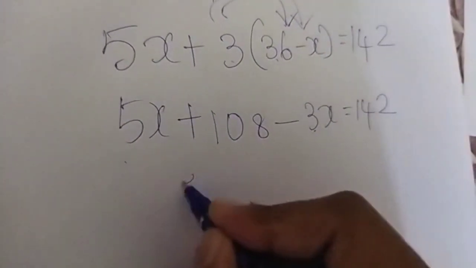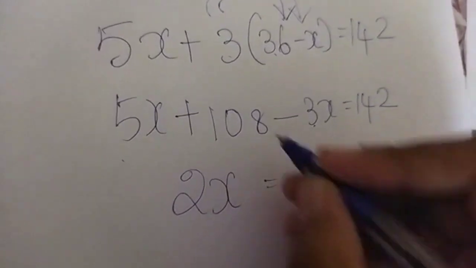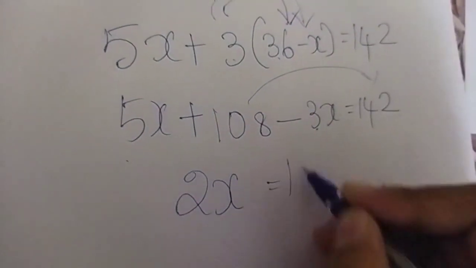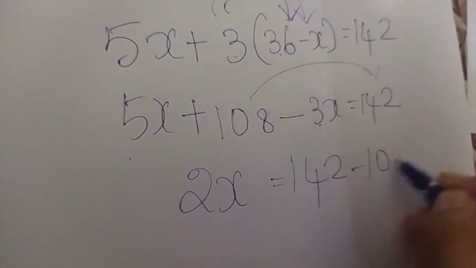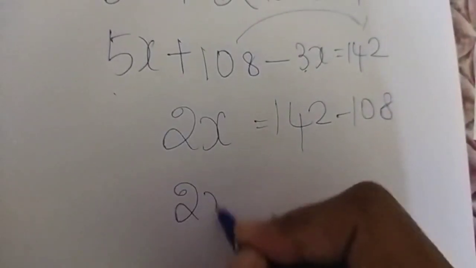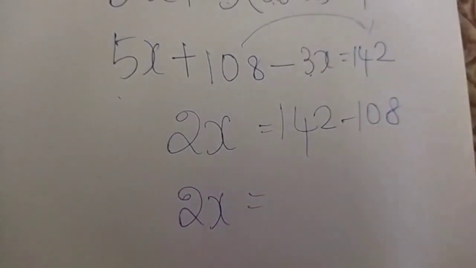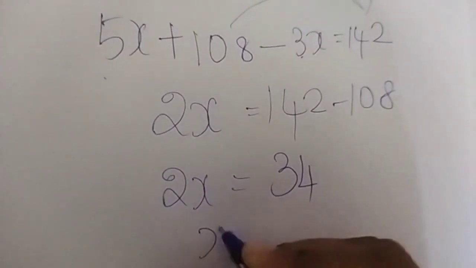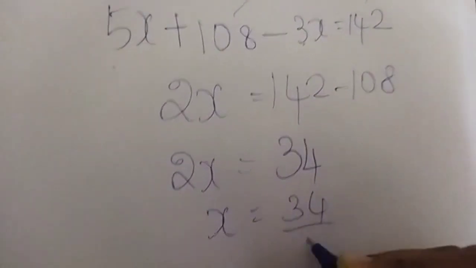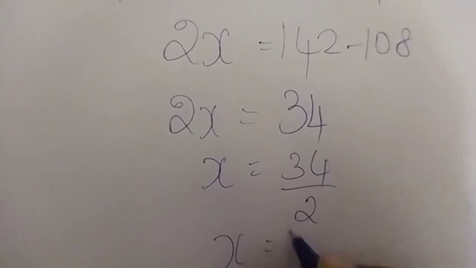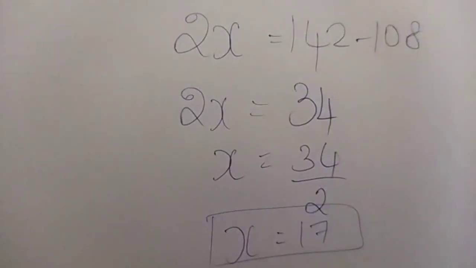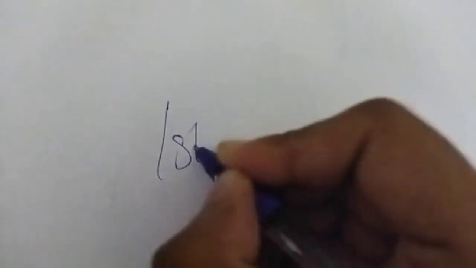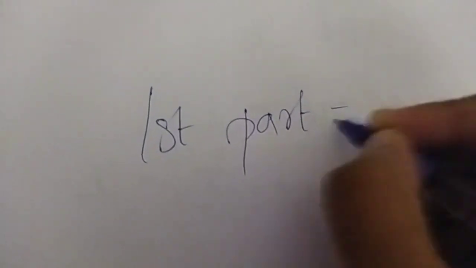5x minus 3x, 2x. 108 going that side, 142 minus 108. 2x is equal to 142 minus 108, which is nothing but 34. x is equal to 34 by 2. So x is equal to 17. First part is equal to 17.